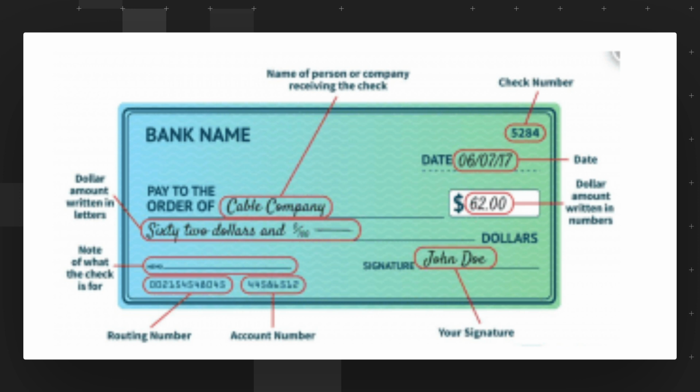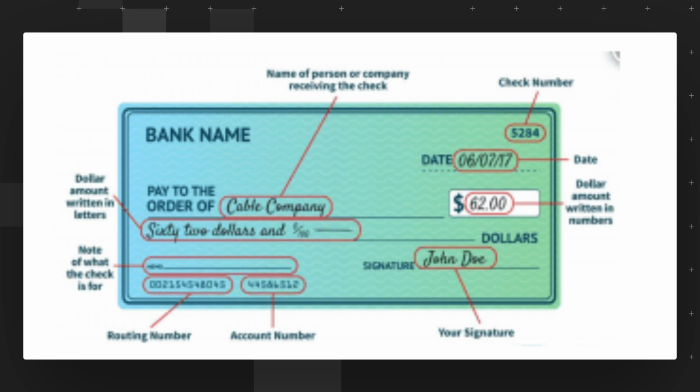Now this is where we actually write out in words the dollar amount. So here we have $62, and there's going to be no cents. It's going to be just 62 even. So it lines out $62 right here. Otherwise, we would say it's $62.05.